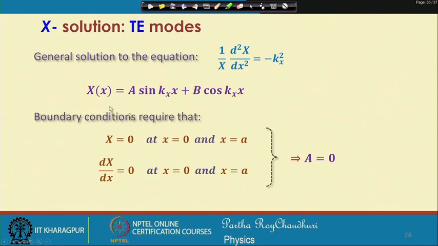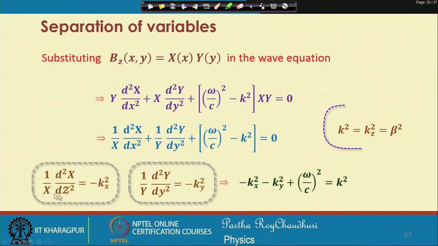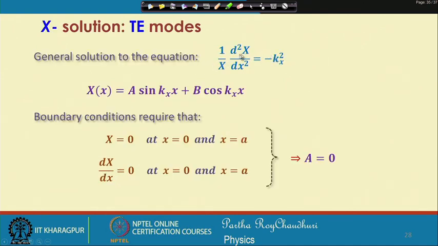So, we can write down the general solution of this first part. This is again a very well known equation in physics: d 2 X by d x square plus k x square into X equal to 0, which will give you a sinusoidal solution, sine and cosine functions.